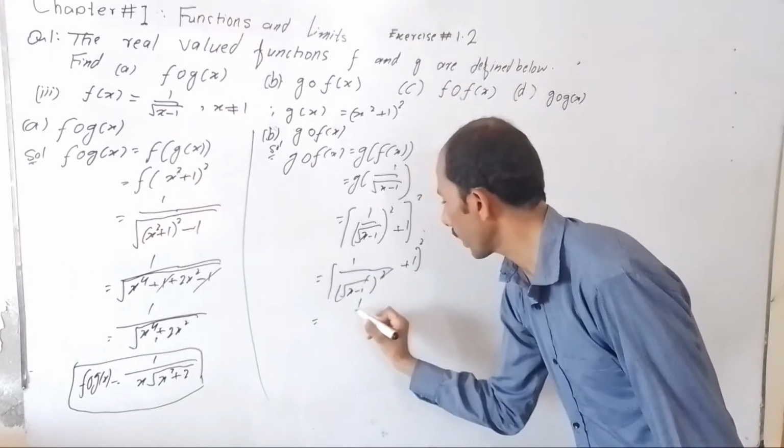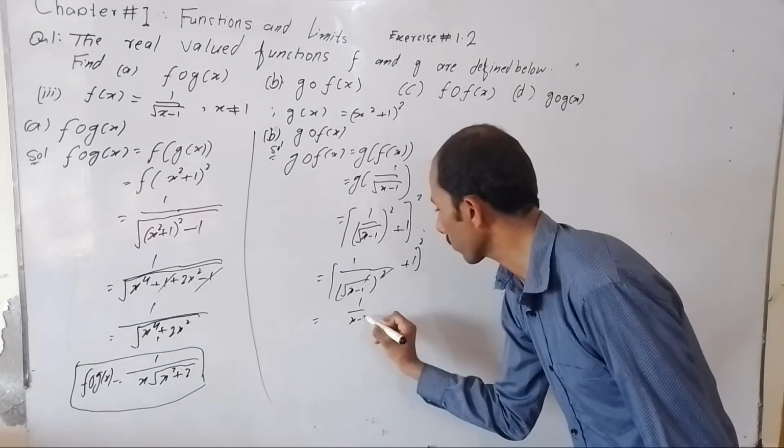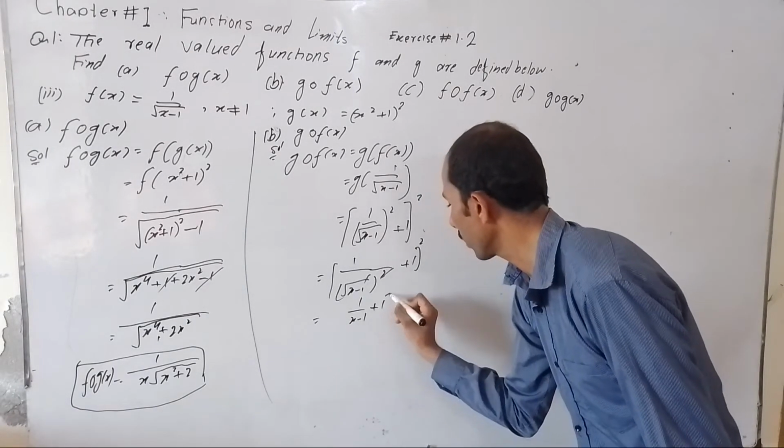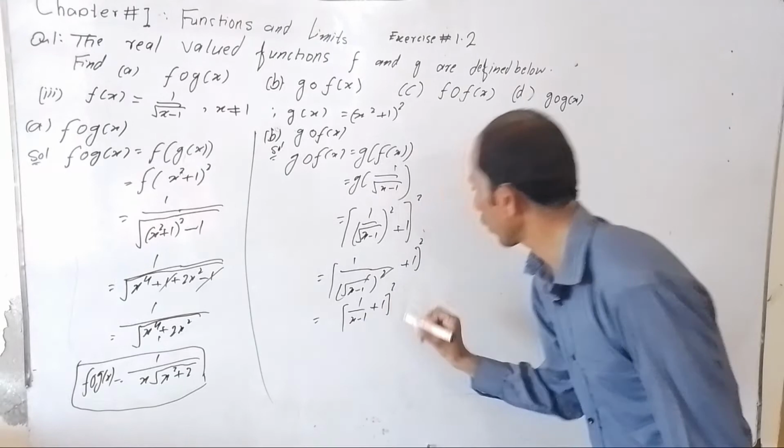The square root cancels with the square, so it is 1 divided by x minus 1 plus 1, whole square.